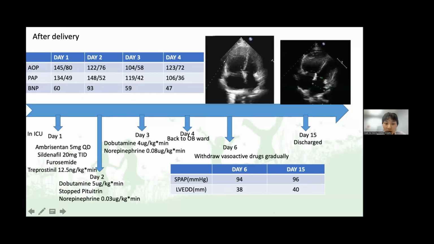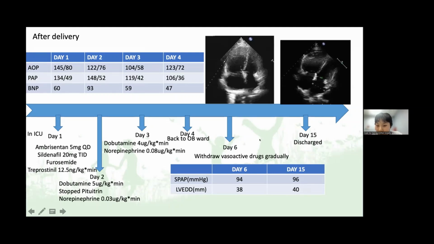And at day 4, the patient had relatively stable hemodynamics and went back to the OB ward. And at day 6 after the delivery, we withdrew the vasoactive drugs gradually. And at day 15 after delivery, the patient was discharged from the hospital.